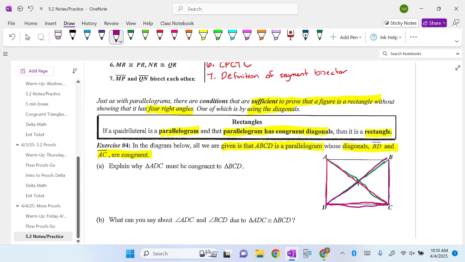Why do you think that is? Their hypotenuses are congruent because that was given to us, because their hypotenuse is the diagonal. And then they also share a what?